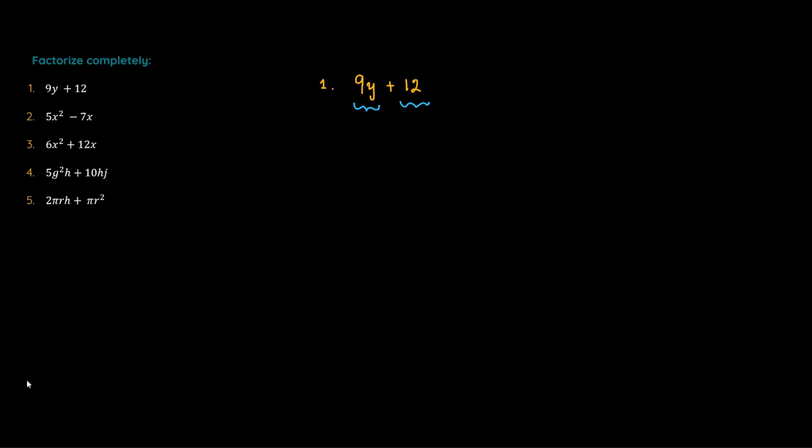The first term is 9y and the second term is 12. We can observe that one of the terms has a variable and the other term does not. The 9y has a variable y in it, and the term 12 is just a constant, it doesn't have any variable. Therefore there is no common variable within these two terms.